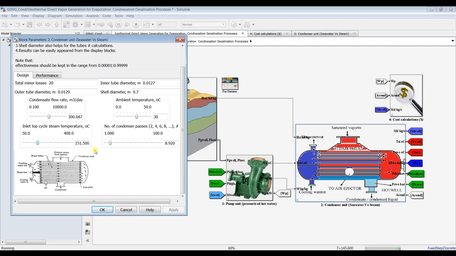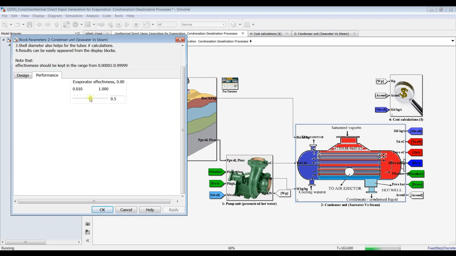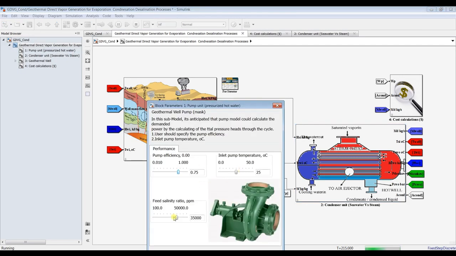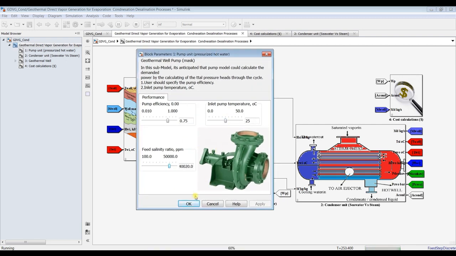Okay, let's increase our effectiveness up to 70 or 60. Okay, 70% effectiveness. Let's increase my salinity up to 40,000 ppm. Okay, it's quite good. That's enough for this.